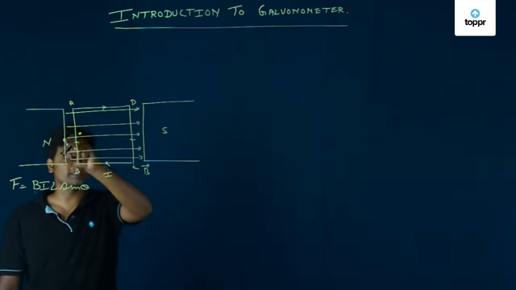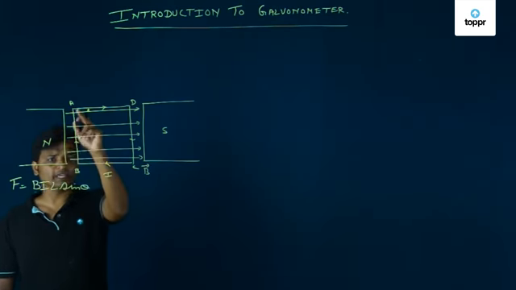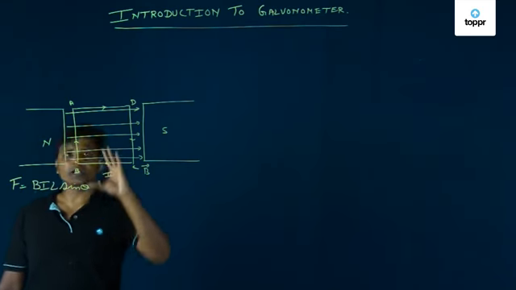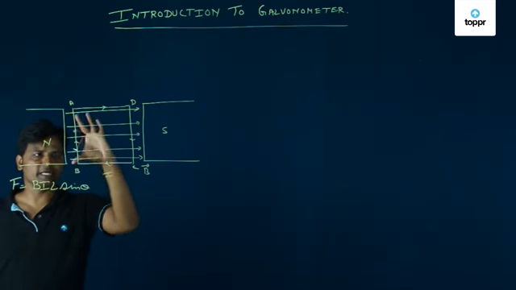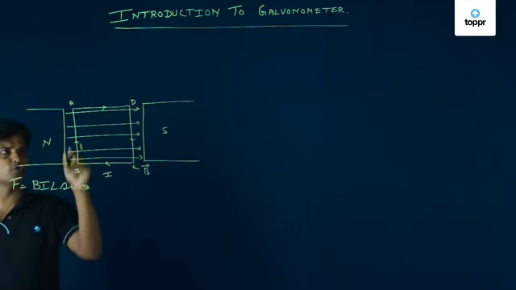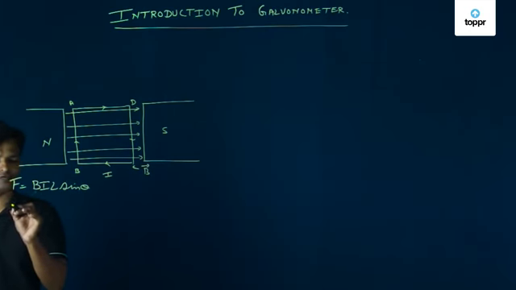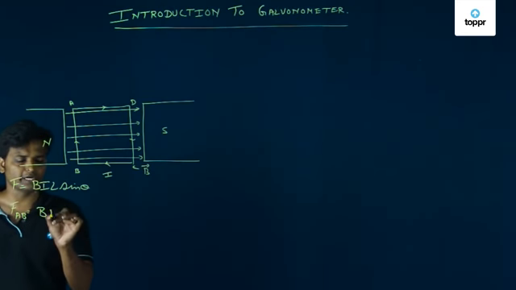It is 90 degrees. For the length AB, the angle is 90 degrees. So the force acting on AB, FAB, with sin 90 equal to 1, is equal to BIL.